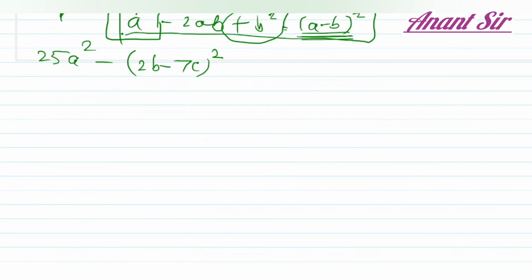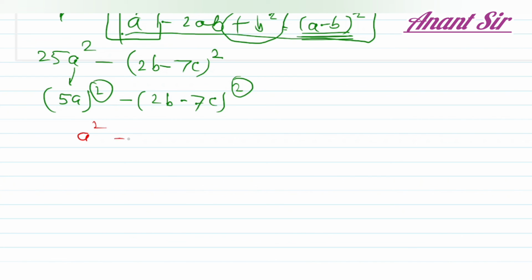Now last 2-3 steps are remaining. I can write this as 5a whole square, 25a square, and this bracket as it is. Now I am sure you can guess what to do further. So now there are two squares with negative sign in between them. That means you have to use this formula.